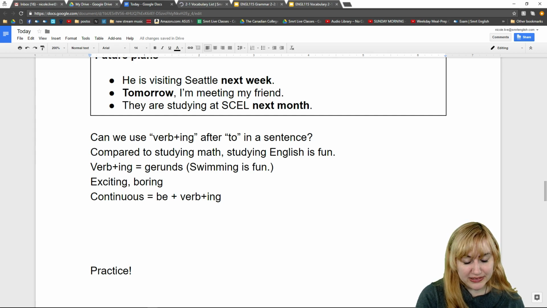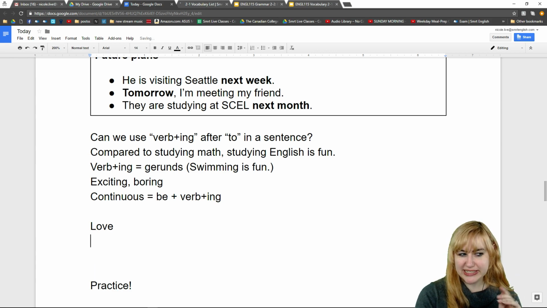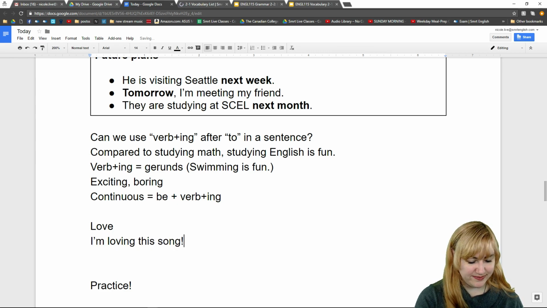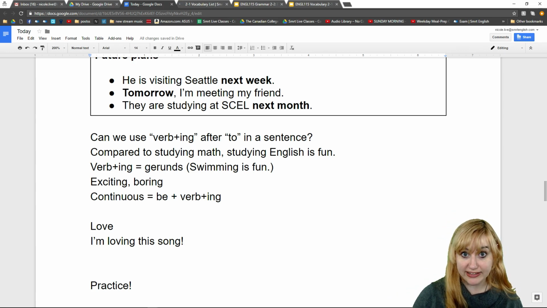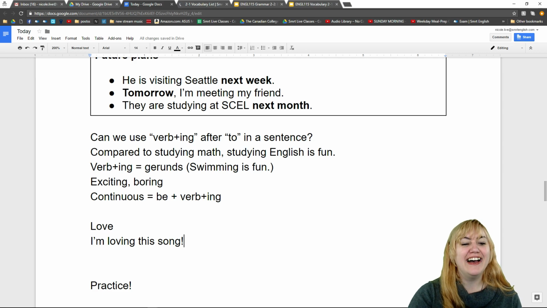So, for example, love is a state verb, but sometimes when we're speaking very casually, we'll say things like, I'm loving this song. It's not correct grammar, but we do say this sometimes in spoken English. So you're right. Sometimes we use state verbs with ing in continuous when we're speaking, but it's not good English. So don't write it.